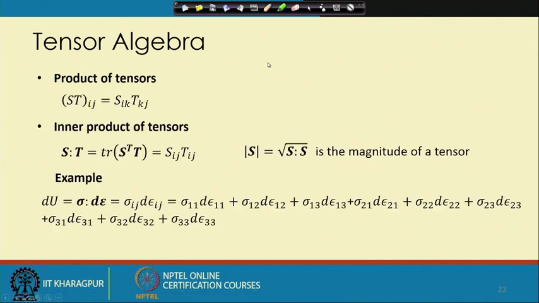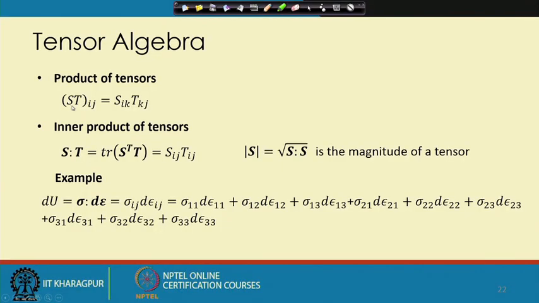Now, the important product for tensors that we will be using most is the product of tensors, that is, if we multiply two tensors, how it will look. We have seen what happens if we multiply two vectors: the dot product, the cross product and the dyadic or tensor product. Now, if we multiply two tensors S and T, then the ij component is simply S of ik T of kj.